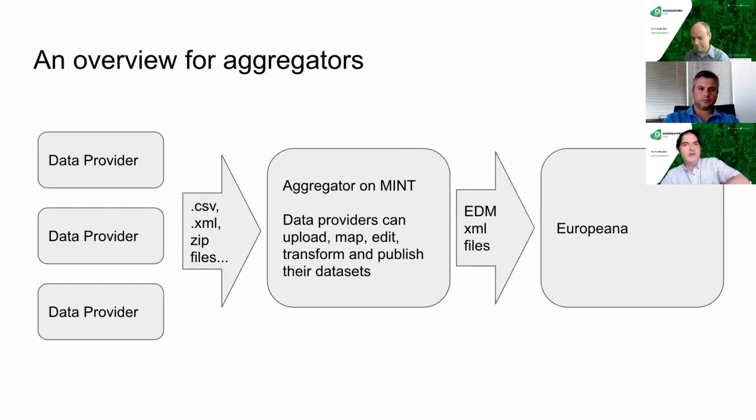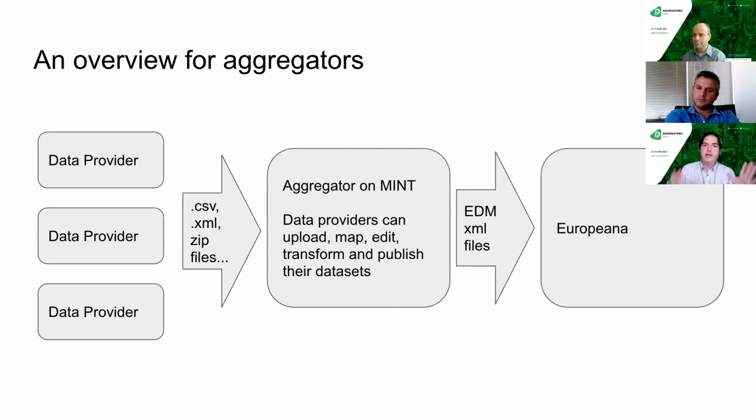So just to give you an overview, and this is probably replicated in other ways for other aggregators, but basically Mint can be the platform where data providers can submit their metadata, and it can be in CSV, XML, or zip files, other ways as well.